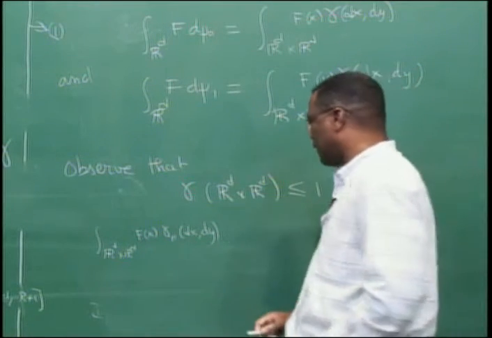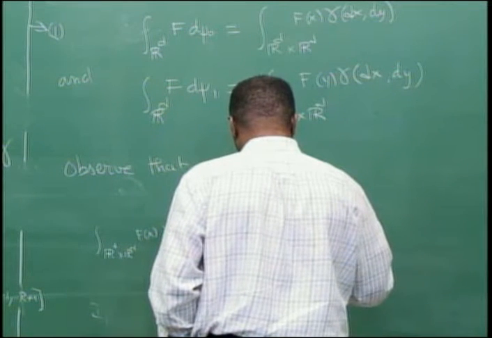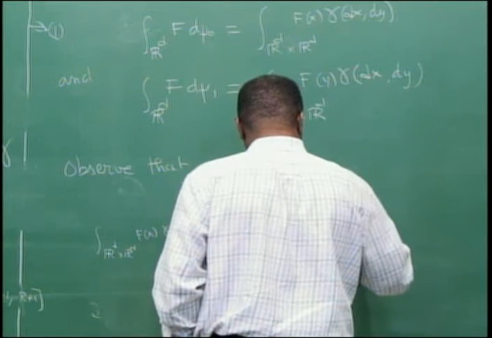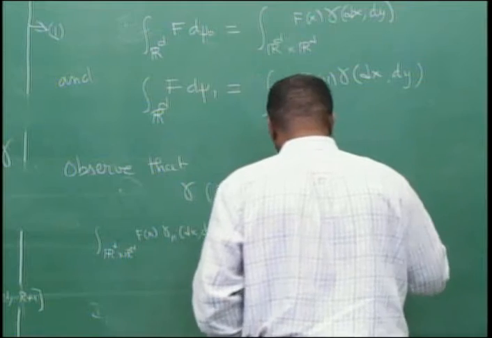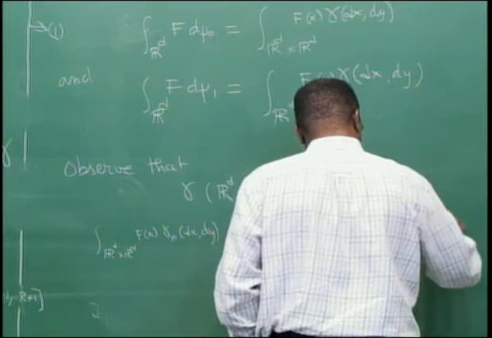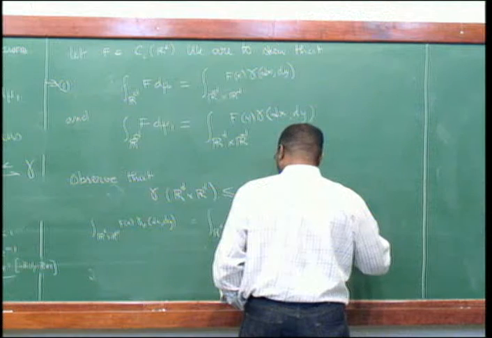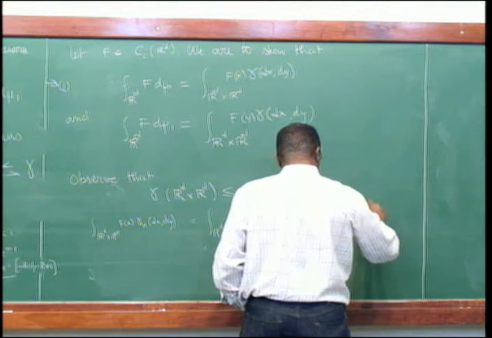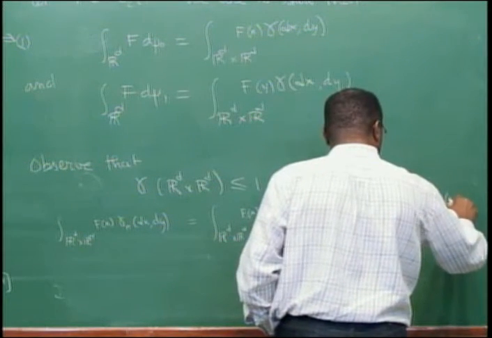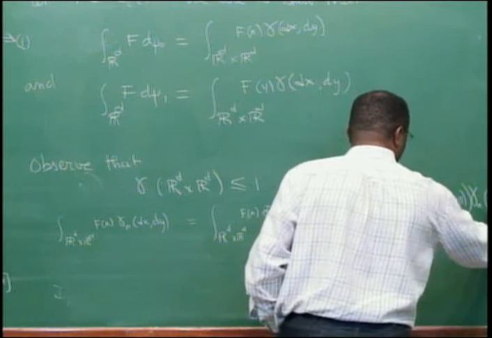So I am going to correct that and write that this is the integral over Rd cross Rd of f of x phi r of the norm of y, gamma n dx dy, plus the integral over Rd cross Rd of f of x, 1 minus phi r of the norm of y, gamma n dx dy.